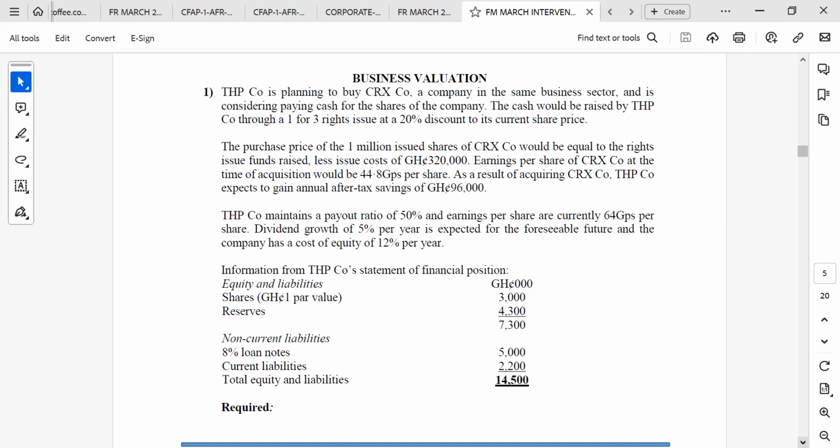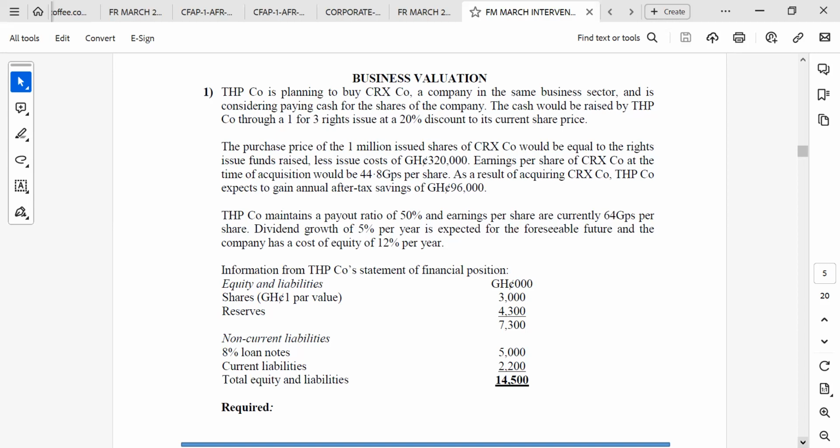As a result of acquiring CRX company, THP company expects to gain annual after-tax savings of 96,000 Ghana cedis. THP company maintains a payout ratio of 50% and earnings per share are currently 64 Ghana pesos per share. Dividend growth of 5% per share is expected for the foreseeable future, and the company has a cost of equity of 12% per year.